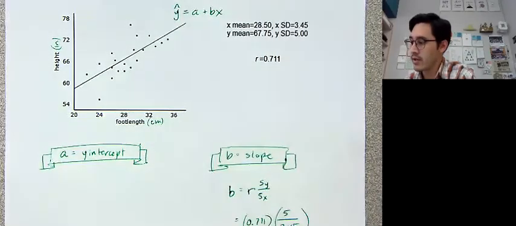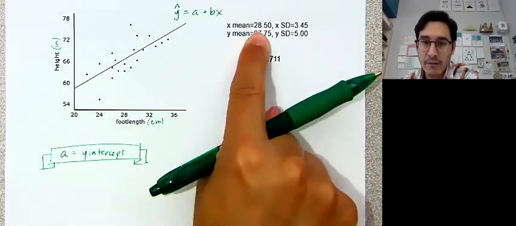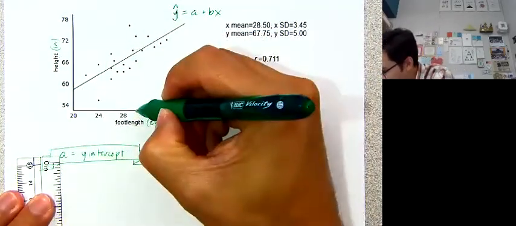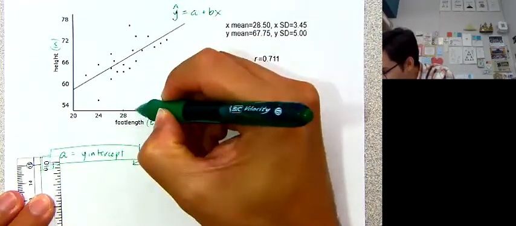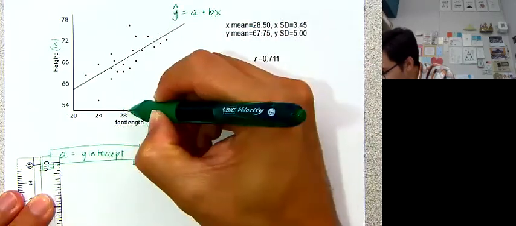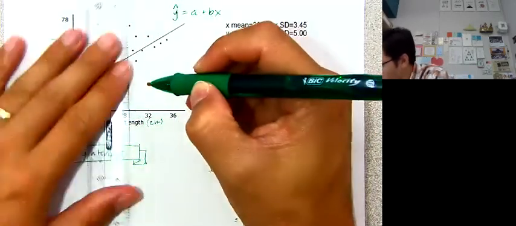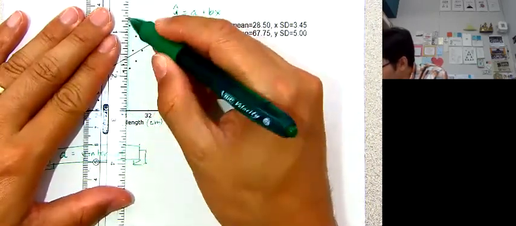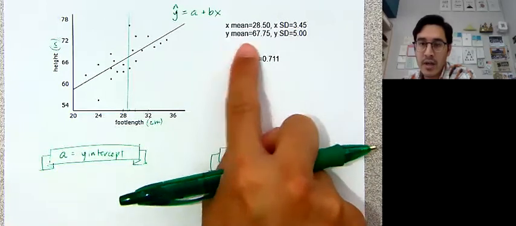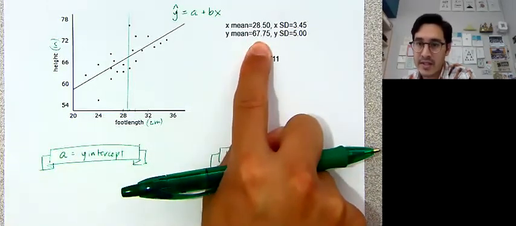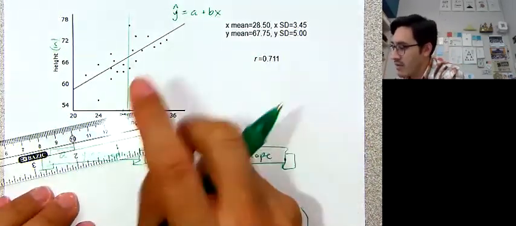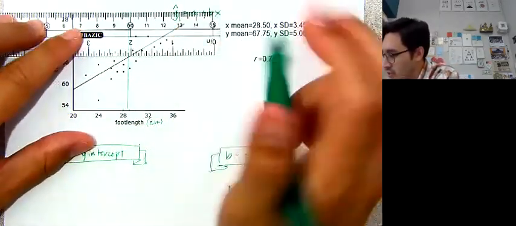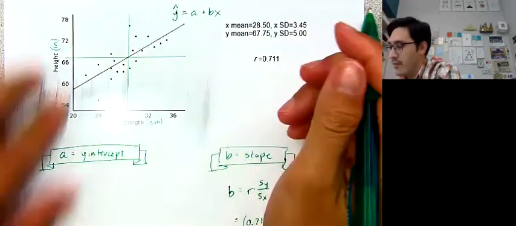The mean of the foot length is 28.5, so maybe about right here, and the mean of the y variable, height, is 67.75, so if that's 66, 67 would be pretty much nearby.